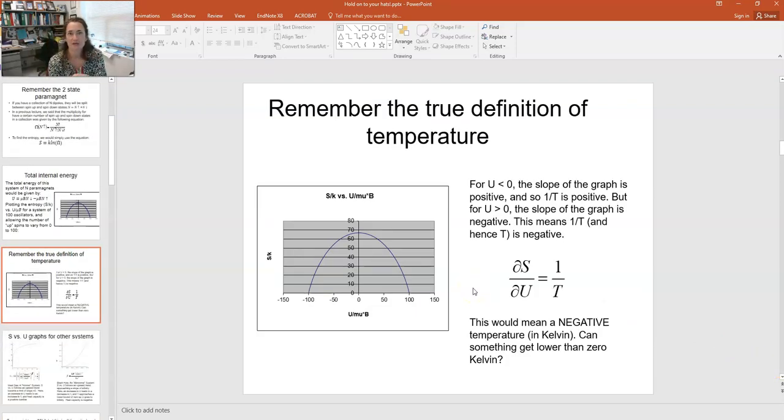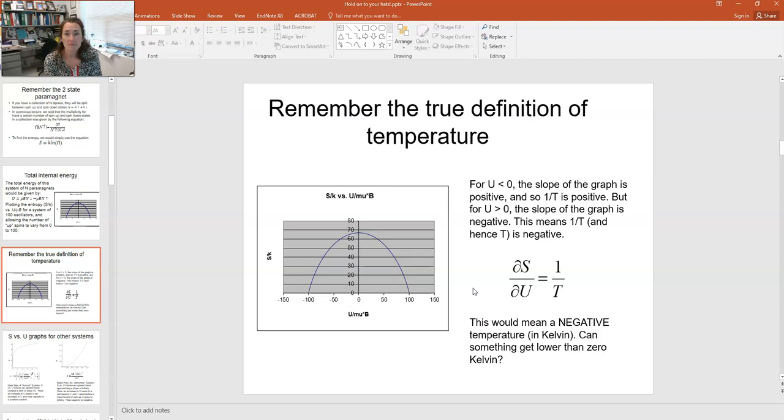All right. Now, we have spent a few lectures before now talking about the true definition of temperature. And the true definition of temperature comes from this partial derivative. The partial of the entropy with respect to the internal energy, holding the number of particles and the volume constant, is equal to 1 over the temperature, okay? So there's that.